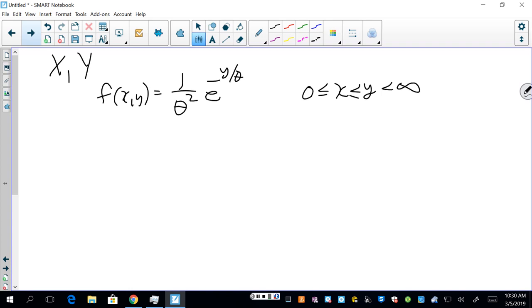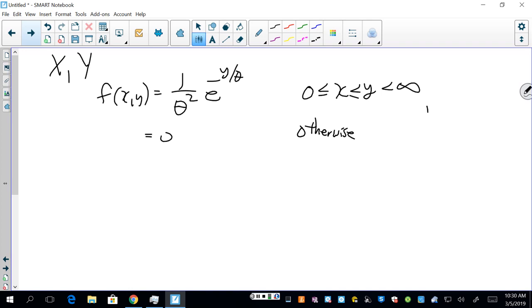So it's going to be the joint density for both x and y. Maybe it looks a little funny that x isn't in there. X is implicitly in there because there's a restriction on the range. So this thing is going to be 0 otherwise.